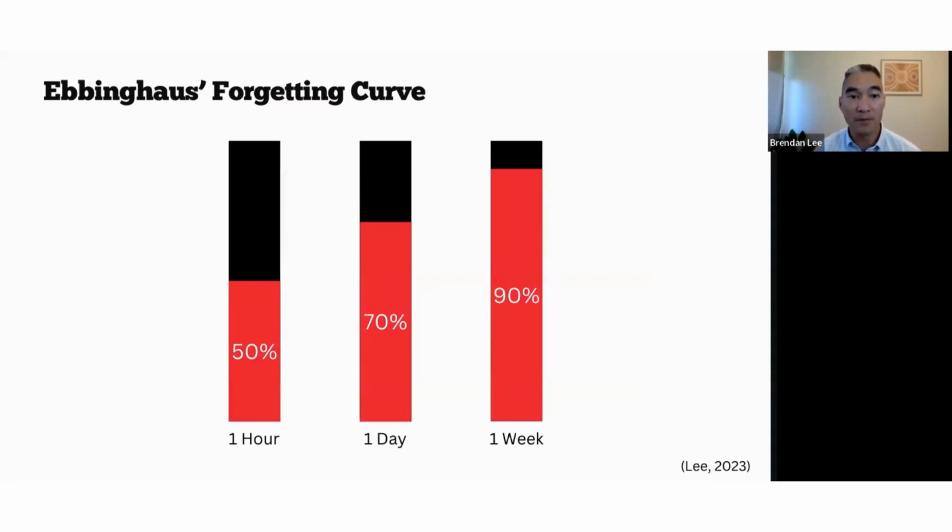So looking a bit deeper at Ebbinghaus's forgetting curve. After 1 hour, they can have forgotten up to 50% of things. After one day, up to 70%. And for those of you with students and with children yourselves, you'll know that when you ask them a question like, what did you learn today at the end of the day?